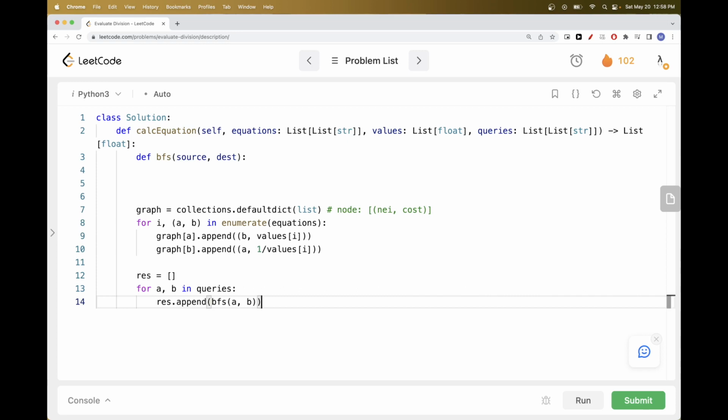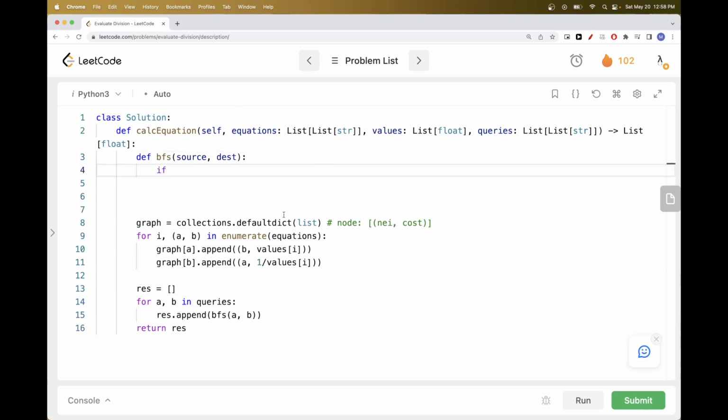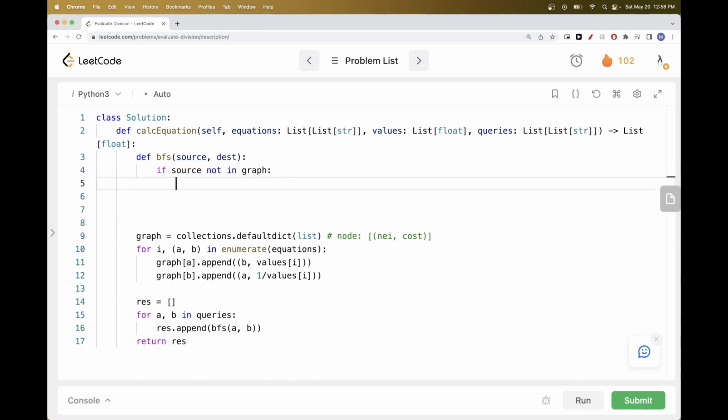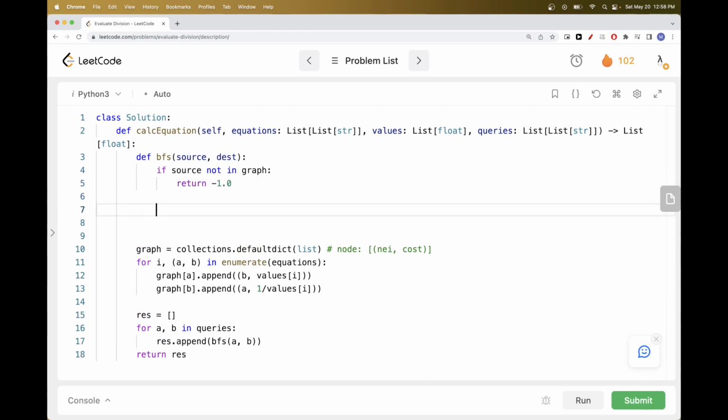Okay, and this is what we'll return at the end. And now we can do our BFS. Just first we want to handle one case, which is what if the node is not even in the graph, right? In that case, we want to just return -1.